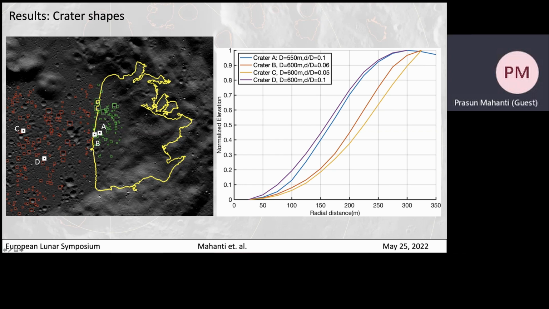So like these two, crater D and crater A, their depth to diameter is like 0.1, so they are less degraded. These ones are more degraded, so this one is shallower, right? All of this together basically means that there is no distinct change in shape or depth to diameter between the craters inside and outside the PSR.